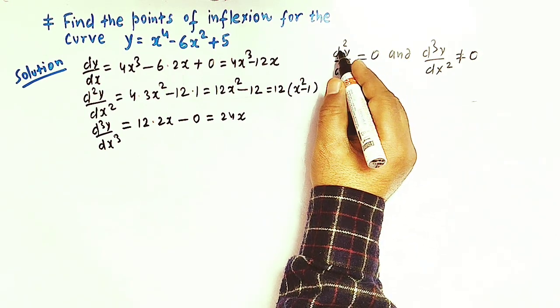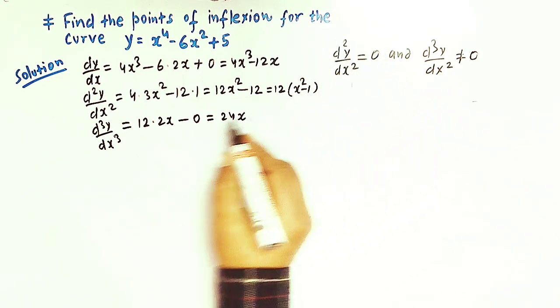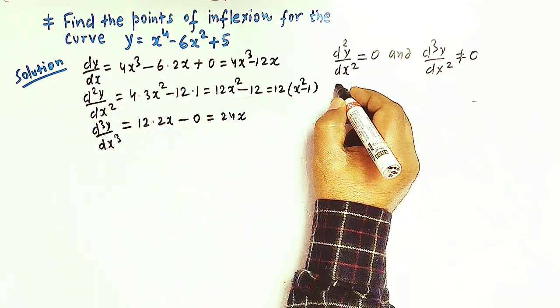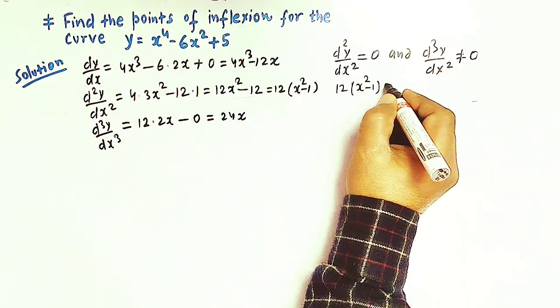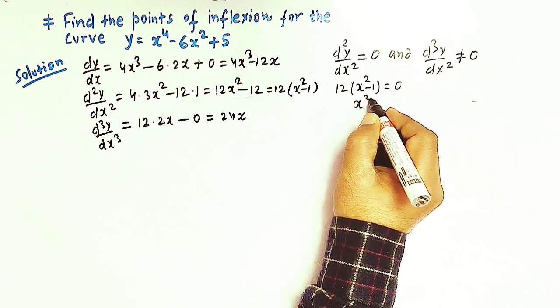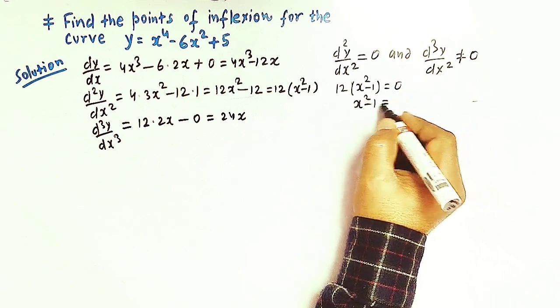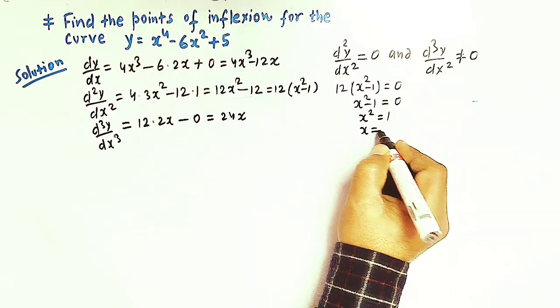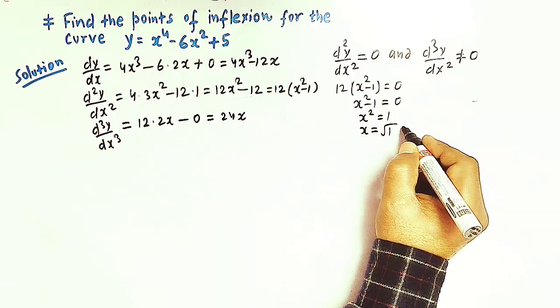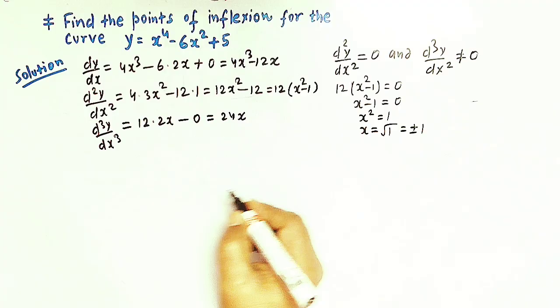So now when we equate the second derivative equal to 0, then we have this equation, 12 times x square minus 1 is equal to 0, x square minus 1 is equal to 0, x square is equal to 1. So x is square root of 1, that is plus minus 1.